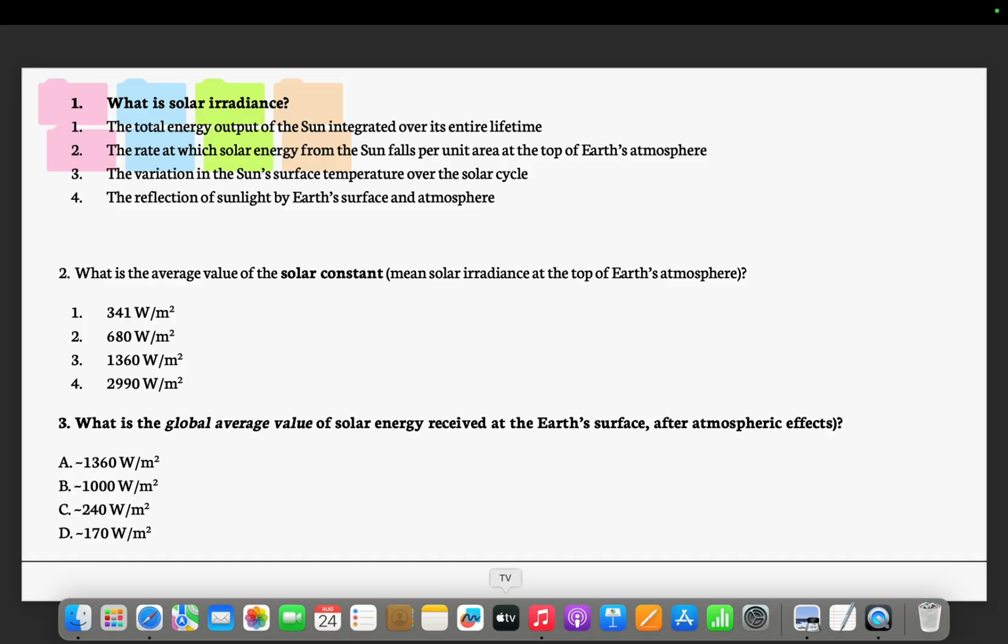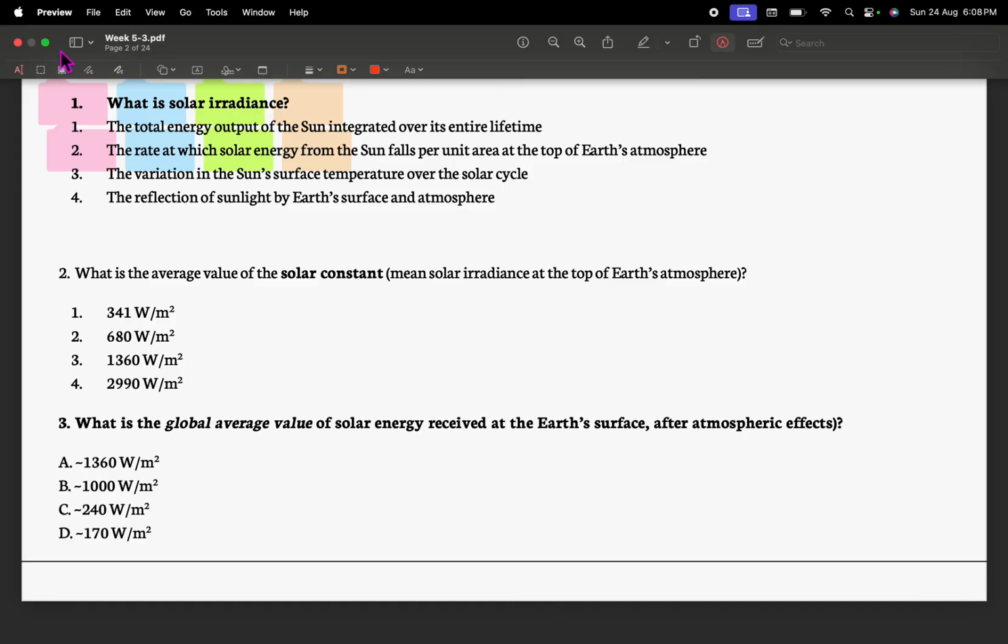What is solar irradiance? The total energy output of the sun integrated over its entire lifetime. The rate at which the solar energy from the sun falls per unit area at the top of Earth's atmosphere. The variation of the sun's surface temperature over the solar cycle of 11 years. The reflection of sunlight by the Earth's surface and atmosphere.